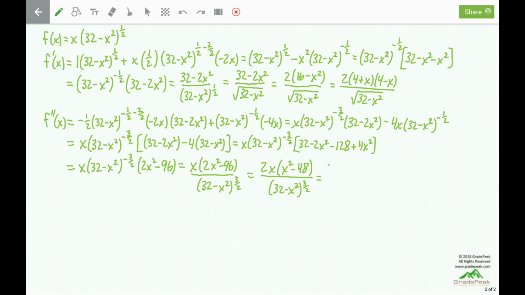But it still can factor using roots into x plus square root of 48 and x minus square root of 48. The denominator we will not need to factor because it's inside of an even root. The denominator of the fractional exponent is the root, and it's an even number here.